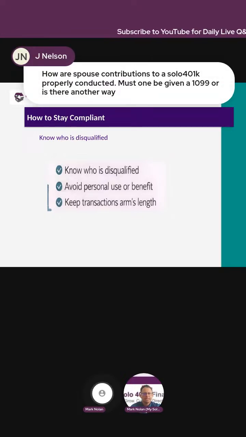Here's a question. How are spouse contributions to a solo 401k properly conducted? Must one be given a 1099-R? Is there another way? Well, number one, let me share a link from our website, but as long as both spouses are self-employed in the same self-employed business, it's considered just one plan.